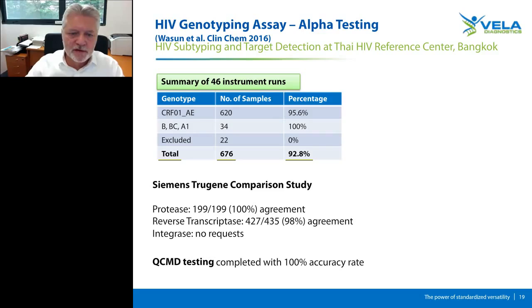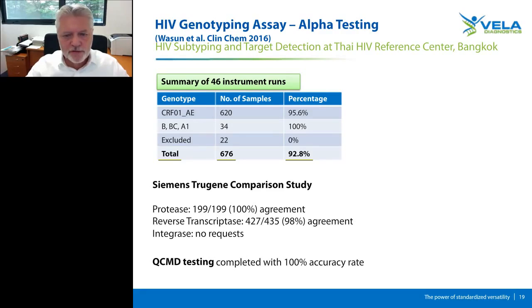They looked at 676 samples in total, consecutive samples, found 620 CRF01s and 34 B, BC, and A1. And in the CRF01, they detected 96% correctly, and in the B, BC and A1, the detection rate was 100%.